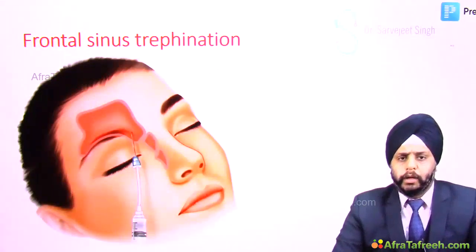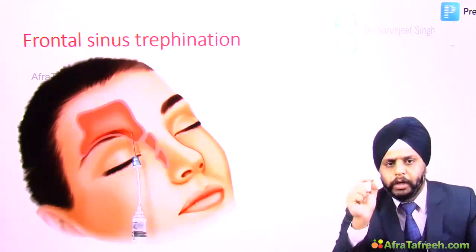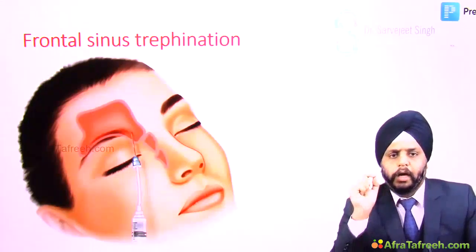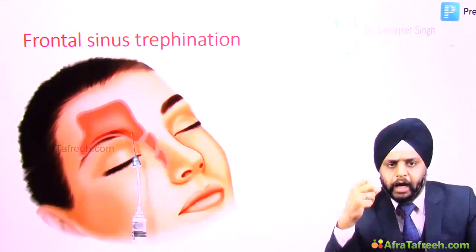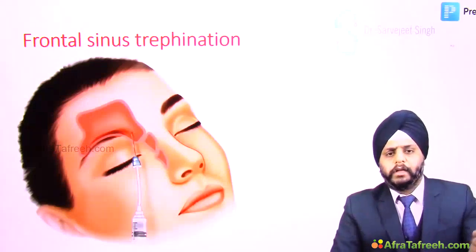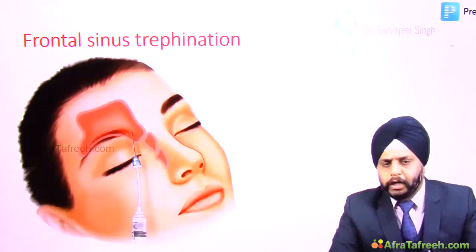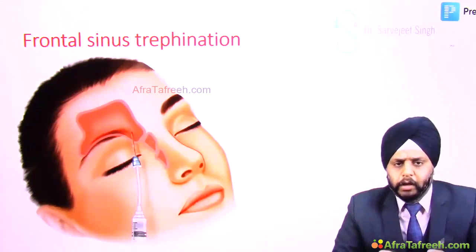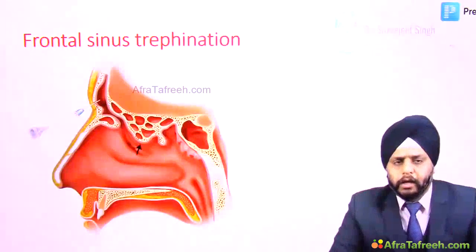So what we can do is make a very small opening, a small hole, and put in a needle. With that you can put a dye inside the frontal sinus. You can see this dye coming out from the frontal recess. Wherever the opening is, you'll see the dye coming out from there, and that way it helps you in locating the frontal sinus.